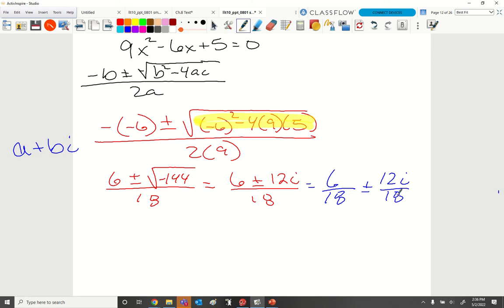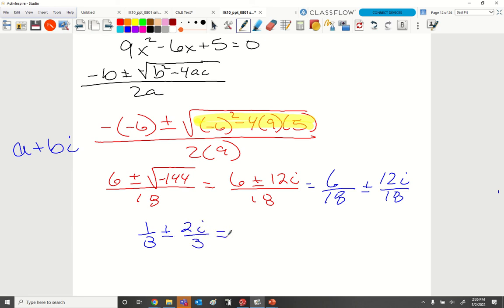Can I reduce these fractions? Say yes. Okay, good. So what is 6 over 18 reduced to? 1/3. Plus or minus 12 over 18, 2i over 3, right?